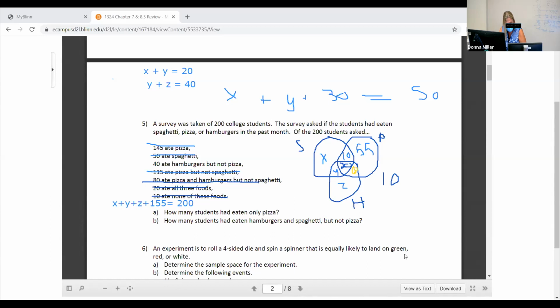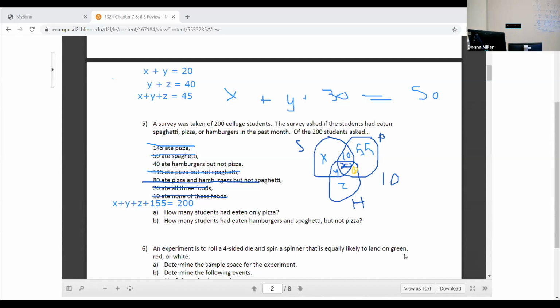Yes. Okay. So now there's a really creative way to do this. It's not that bad. You see that Y plus Z is 40, right? It doesn't really matter how you do it, but you see that Y plus Z is 40.